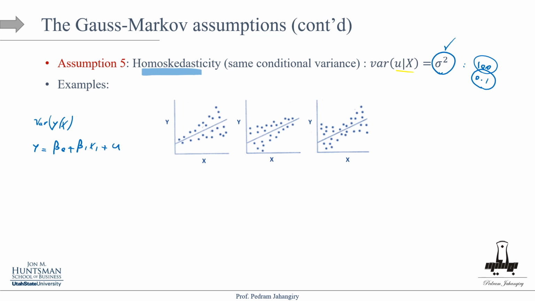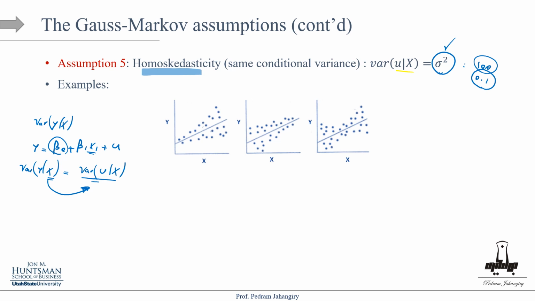If I want to say the variance of Y given X, this is a constant, and the conditional variance of a constant is 0. This is something as a function of X. If I fix X, the variance is going to be 0. So the variance of Y given X is basically narrowed down to the variance of U given X. Hopefully you can understand how we go from this to this.